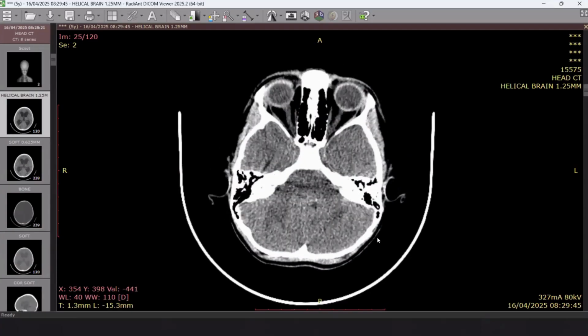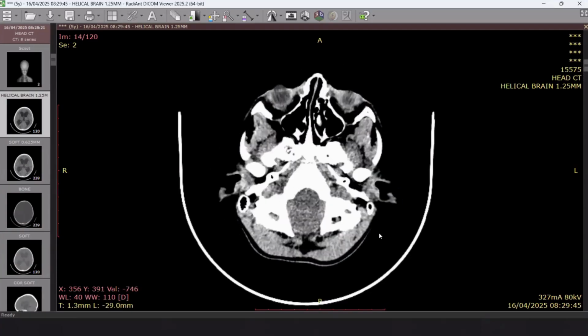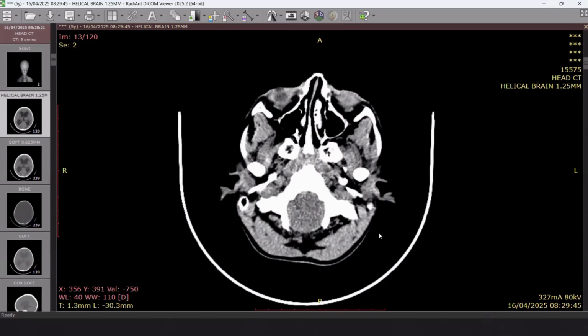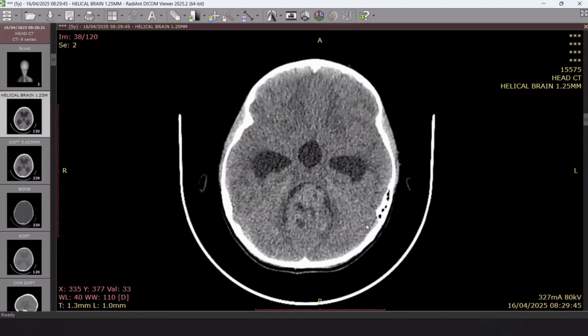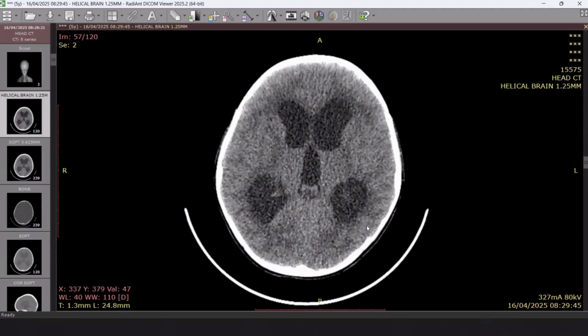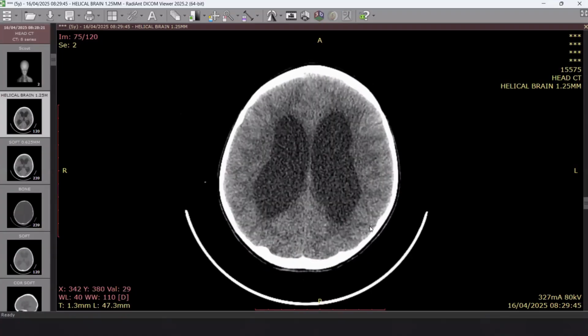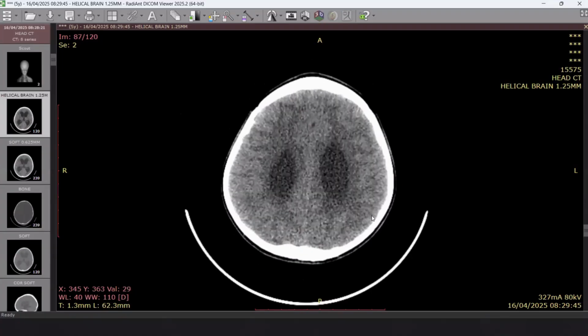And we have secondary hydrocephalic changes. What else? There is no other space occupying lesion, either intraaxial or extraaxial.